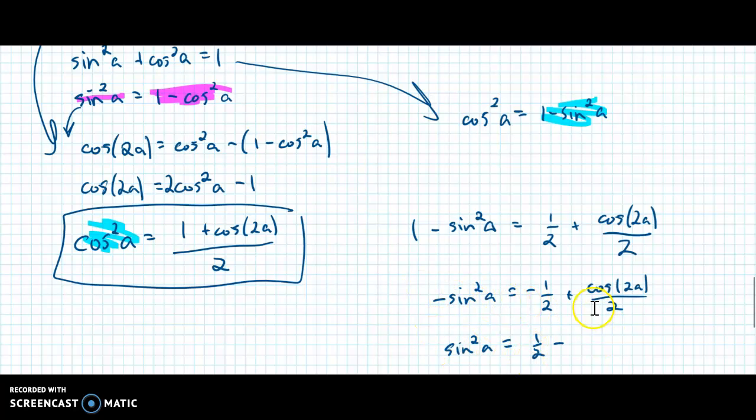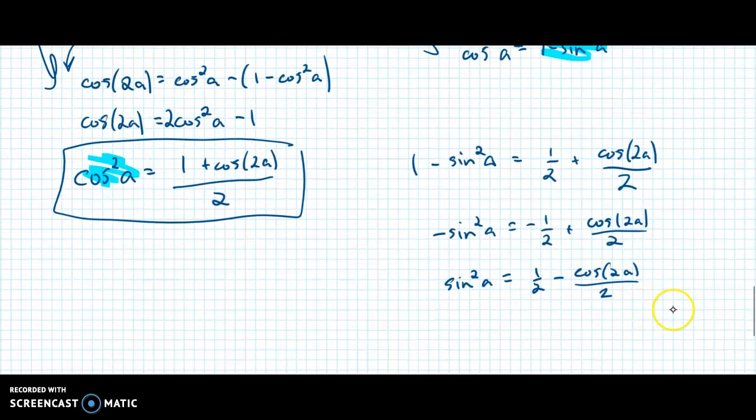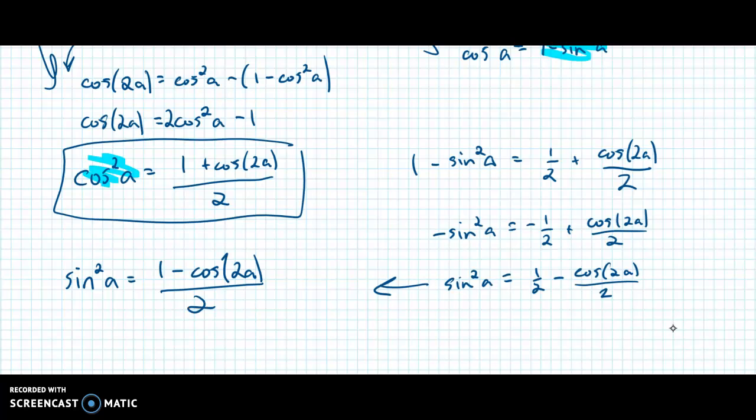This becomes positive, this becomes positive, that guy becomes negative: cosine of 2A all over 2. And then I can just combine them into the same fraction, and I get that sine squared A is equal to 1 minus cosine of 2A all over 2.